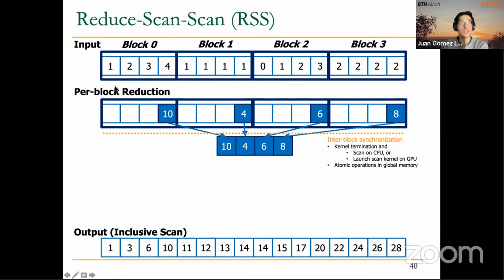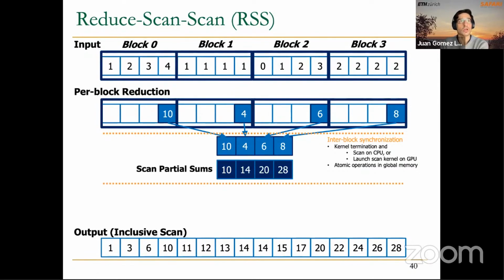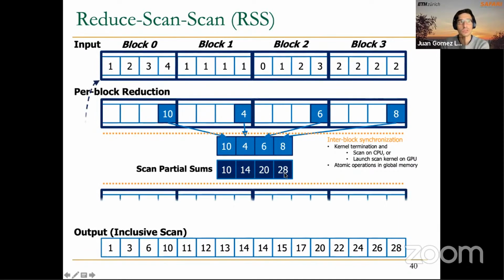So in this first step, we can just execute a reduction instead of the per block scan operations. The reduction is going to be faster, or we should expect it to be faster, because we are not executing so many operations. Then in the second step, as before, we scan the array of partial sums.